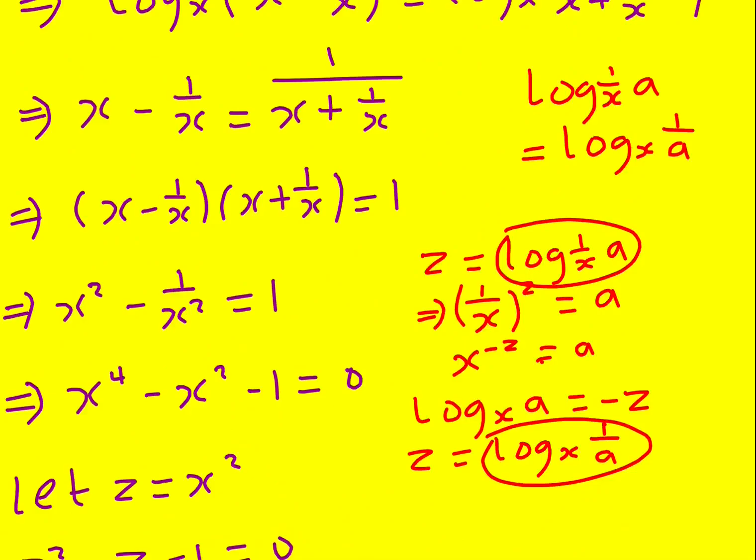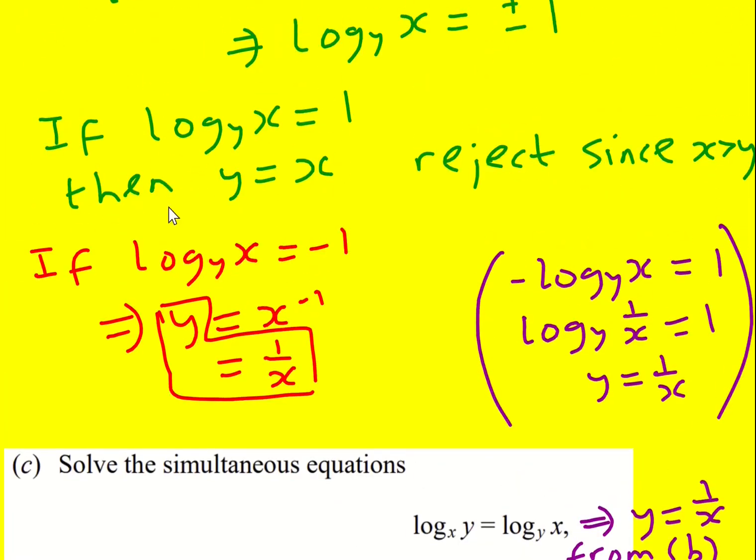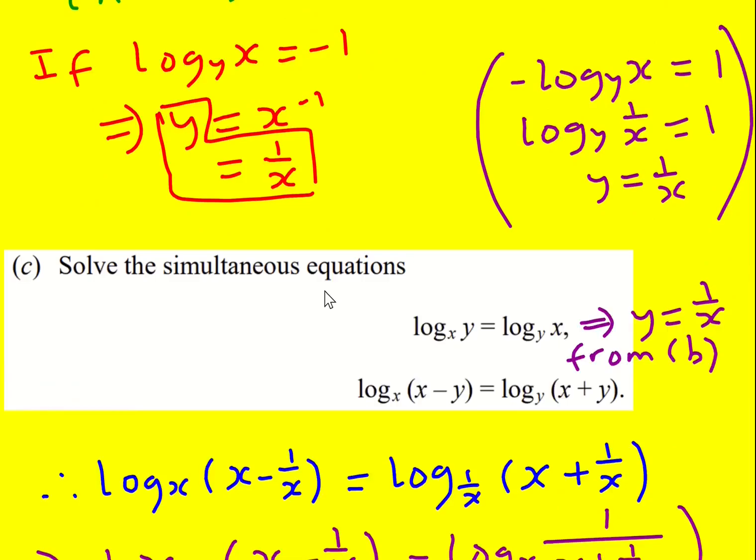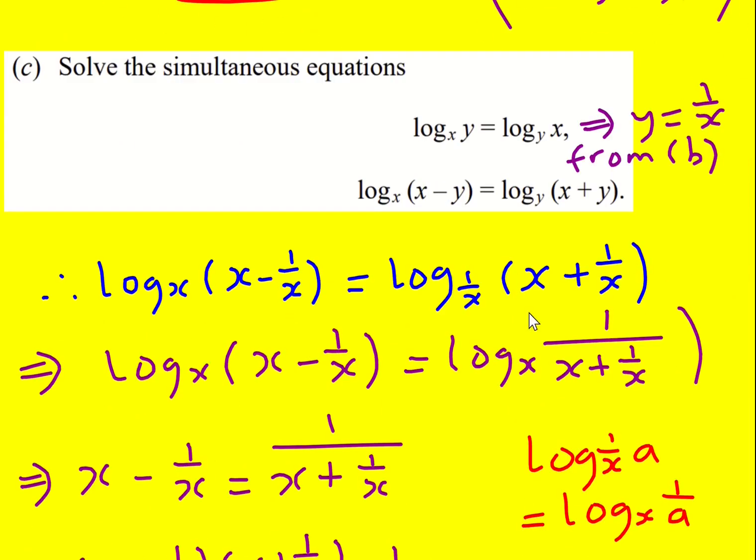Just to say, I should have said this before, if you didn't know this result that I used to flip it round, of course, you could just call this thing z, and then write that x to the power z is equal to x minus 1 over x.